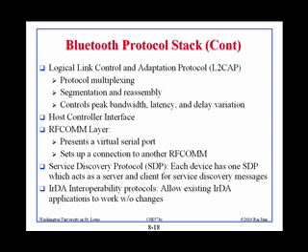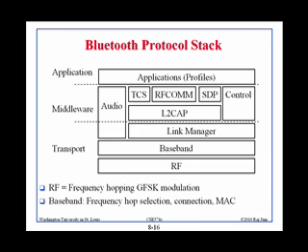Protocol multiplexing means that if there are multiple protocols being used in the higher layers, in this case 3 protocols, TCS, RFCOMM, SDP, this one does the multiplexing. There is some bit in this part of the header which indicates that this has to go to TCS, this has to go to RFCOMM, this has to go to SDP, and when the packets come in, those bits are put in so that when it goes to the other side, they can give it to the right protocol. Right? That is protocol multiplexing.